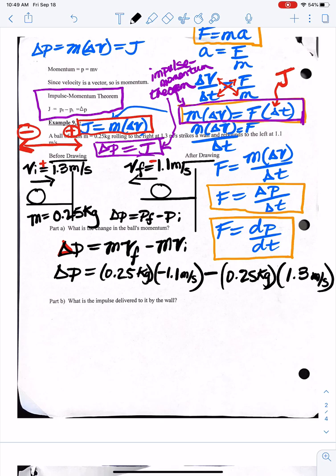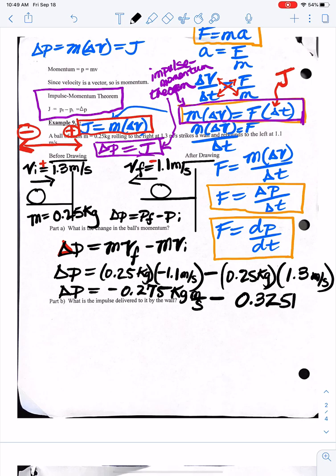Then we'll simplify that, and I think it simplifies to negative 0.275 kg meters per second minus 0.325 kg meters per second. There are no simpler units for momentum, just the ugly kg meters per second every time, and you just have to deal with it.